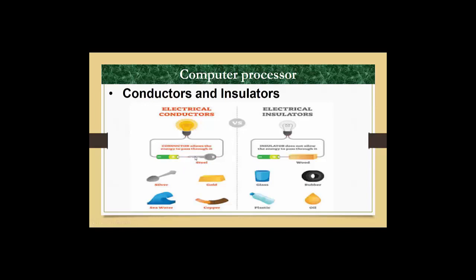And these materials allow the electrons to move through them, and these materials don't allow the electrons to move. If we put rubber between two wires, the electrons will not be able to move through the rubber.